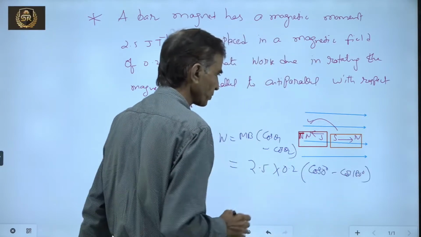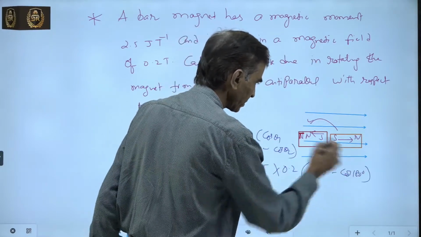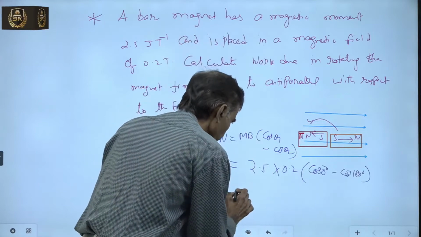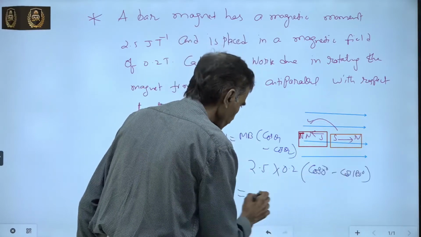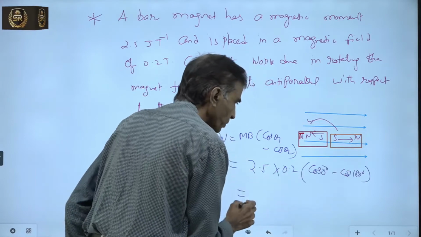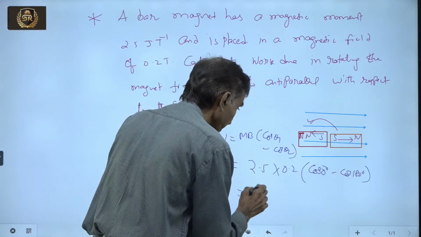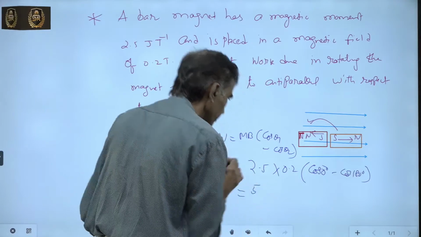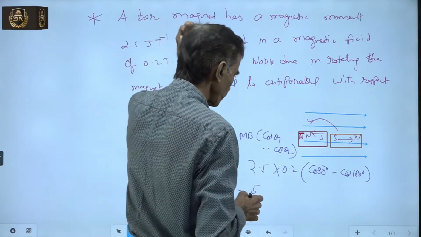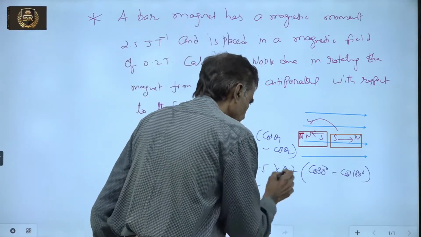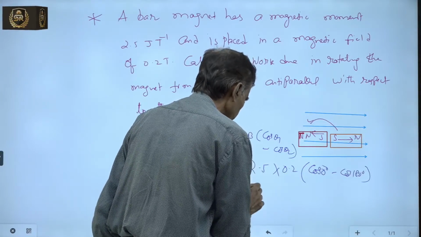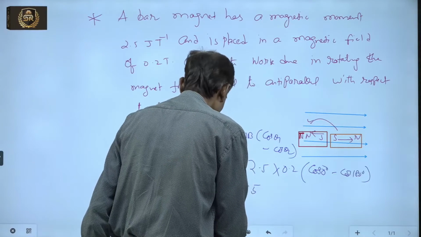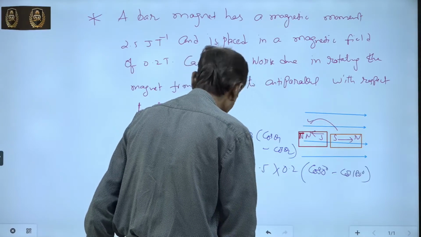Cos 180 is minus 1, so minus of minus 1 is plus 1. 2.5 into 0.2 is 0.5.